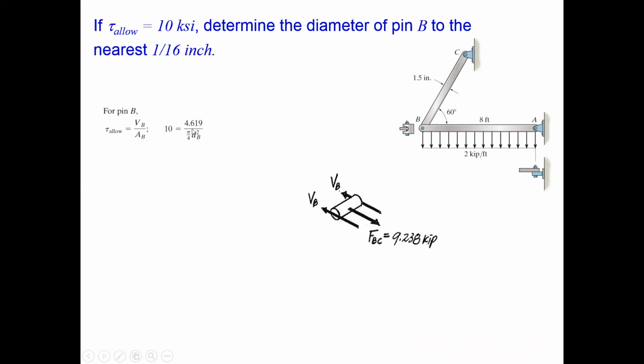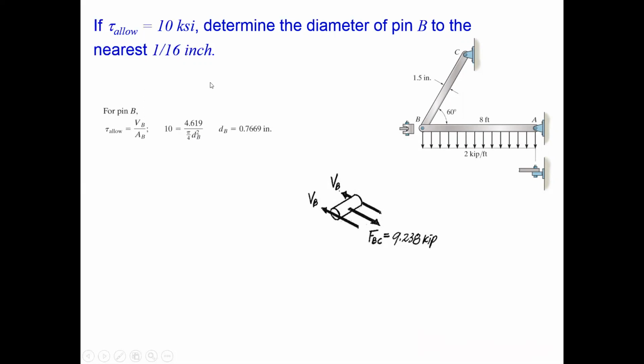Here is my area, pi over 4 times the diameter of the pin squared, and I'm equating that with the shear stress of 10 KSI. Notice all of my units here, these are in kips, and these are in kips per square inch. So whenever I solve for D, I get 0.7669 inches. That's the required diameter of that pin.